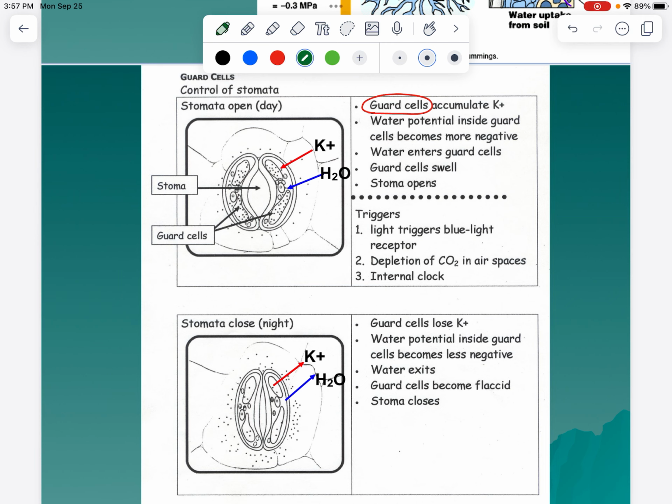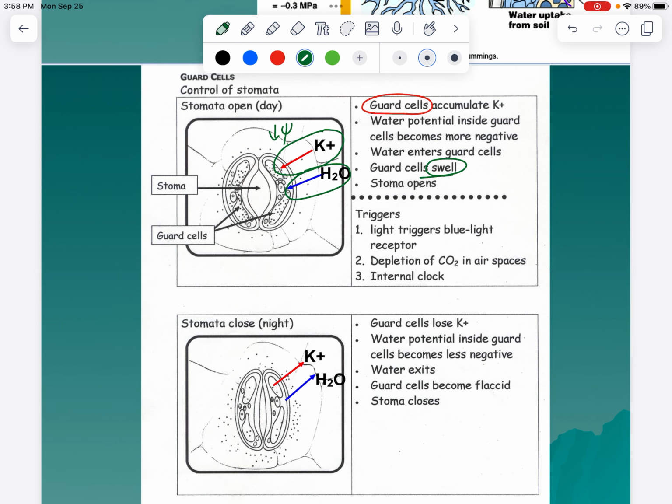If you look at the first picture, the first step is that potassium ions will be pumped in. All these extra solute particles accumulating in the guard cells will reduce the water potential within the guard cell. And that causes more water molecules to enter as well. All that extra water entering the guard cells will make the guard cells turgid.